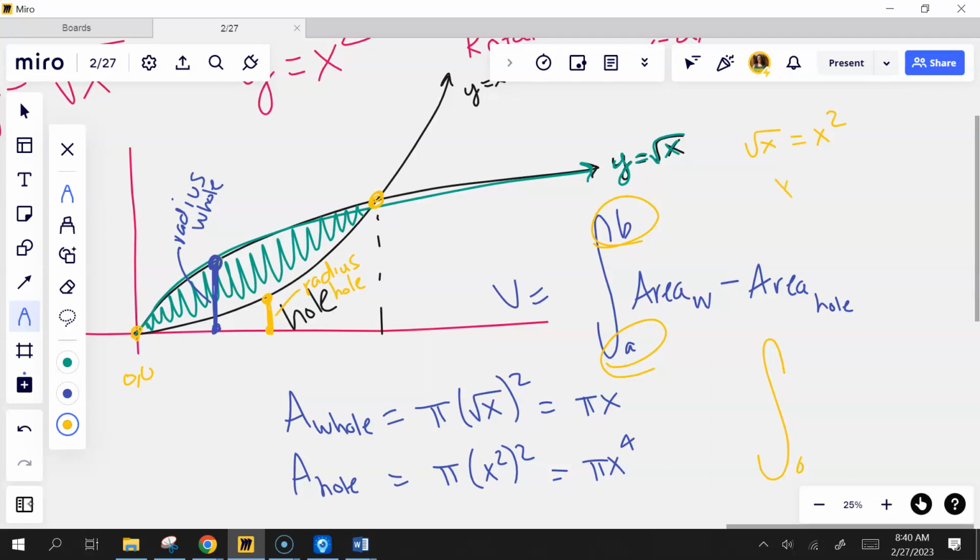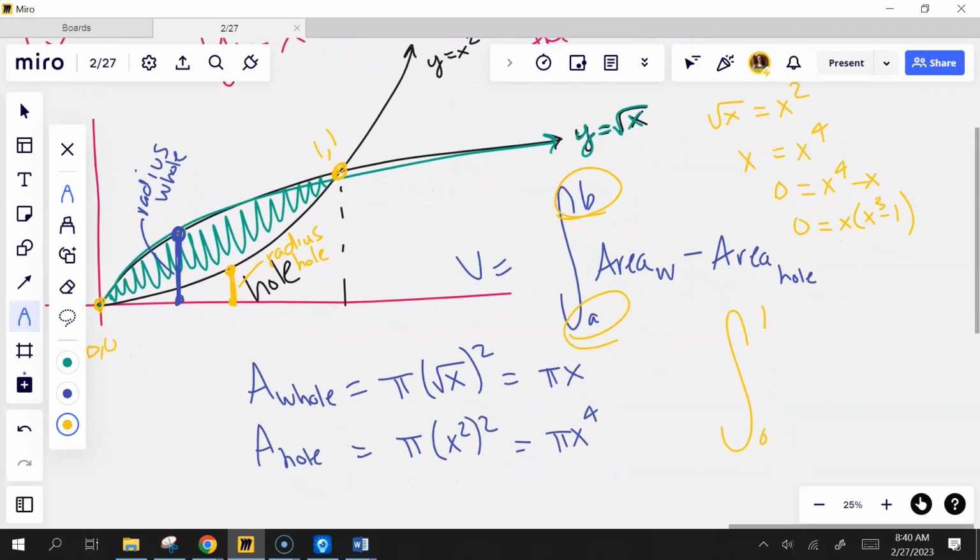The other point should be what? 1, 1, right? So I go from 0 to 1. Does that make sense? And I'm going over x, so I'm going to use the x value.